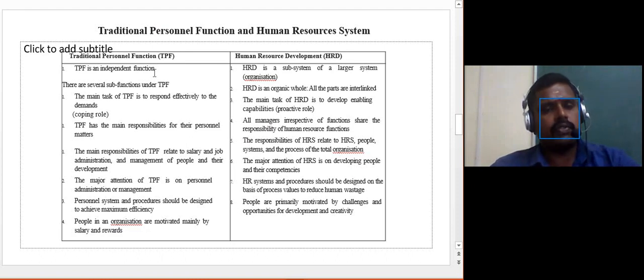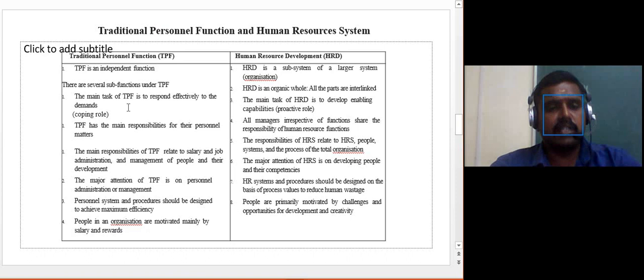It was full of independent functions in the 3 or 4 decades before. But compared with that, human resource development practices are a subset of the system, or else a subsystem of a larger system of the organization.